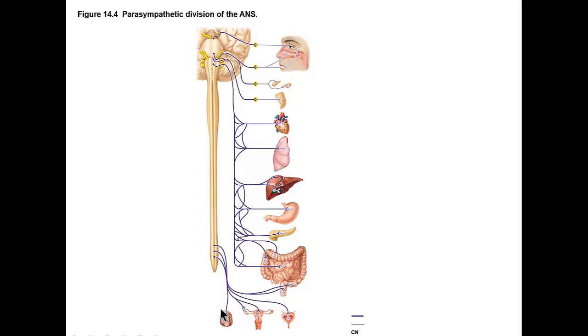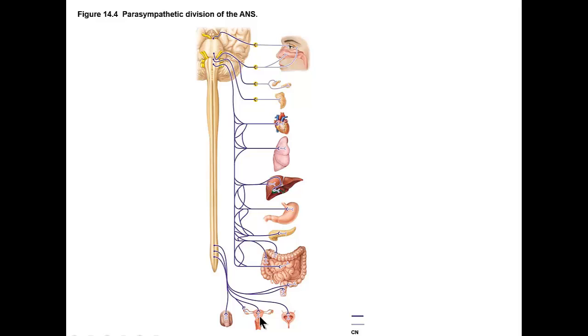Okay, so we can see that the organs, the bladder, the ovary, or the reproductive tract of the female and the male are both controlled by the parasympathetic nervous system. So arousal of the external reproductive organs and contraction of the uterus are parasympathetic responses.